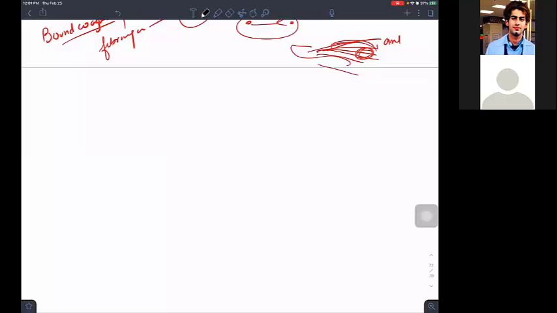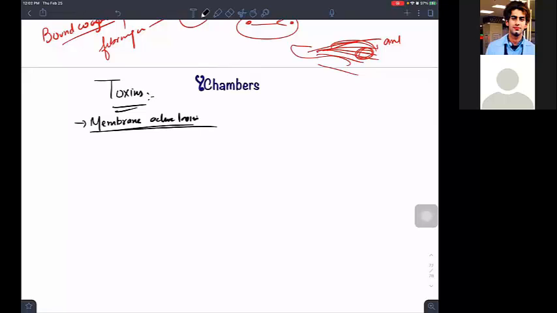Let us put it like this. The toxins this bacteria has: first is a membrane active toxin. And the membrane active toxin of Staph aureus, let us take the first, that is hemolysin. It has hemolysins.